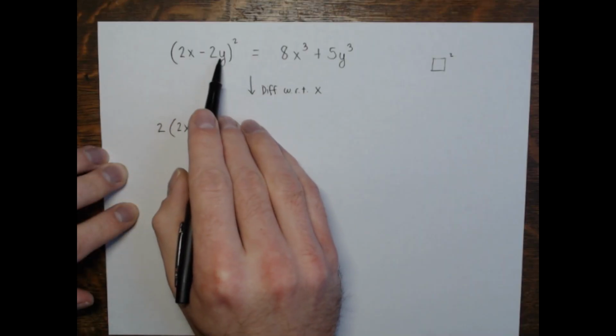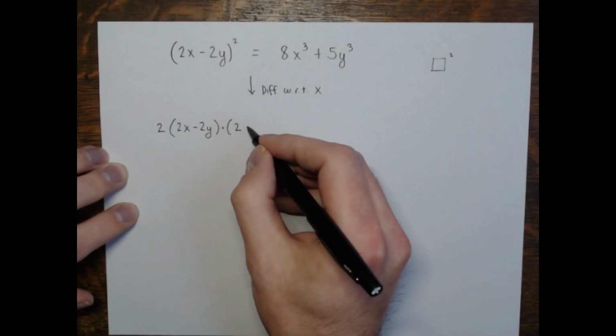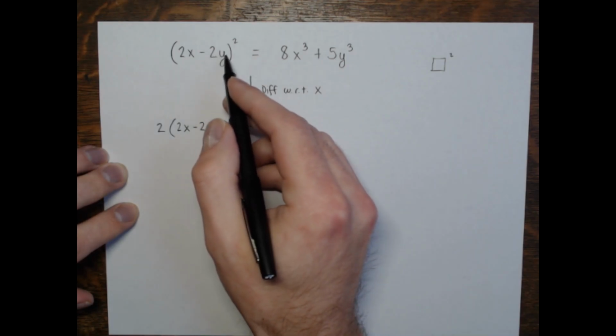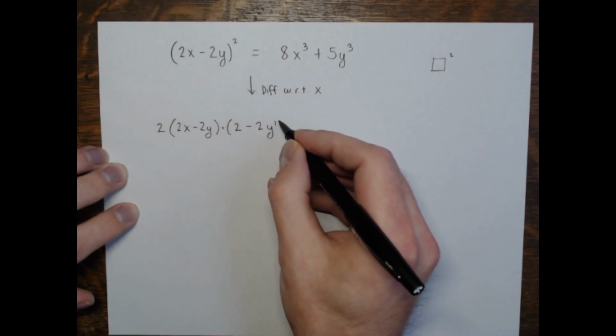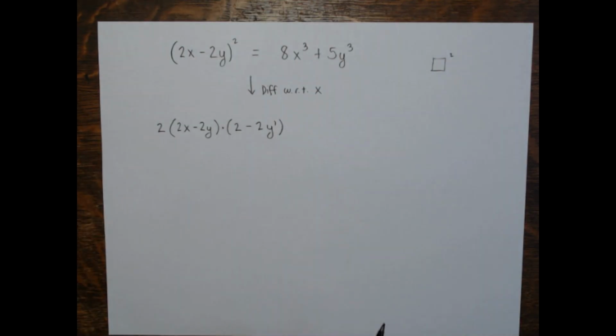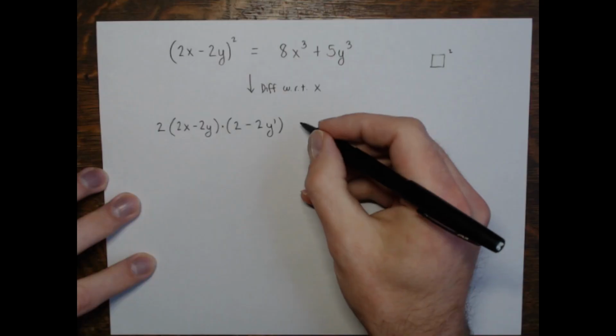The derivative of the expression inside would be 2x has a derivative of 2, then minus, and then 2 times the derivative of y would be 2y prime. So that's just the chain rule applied to this left side.